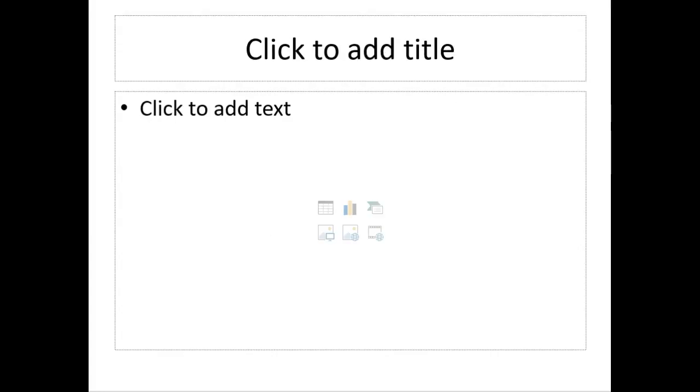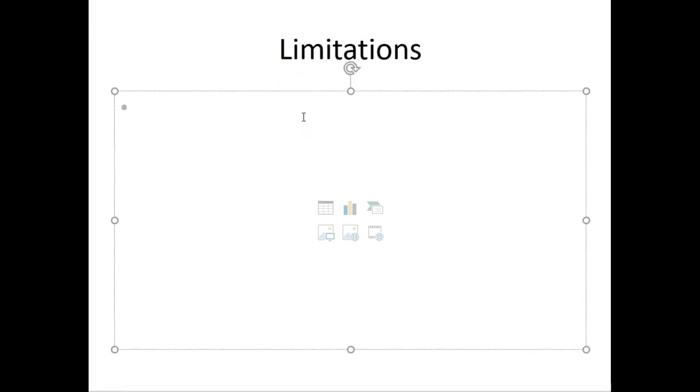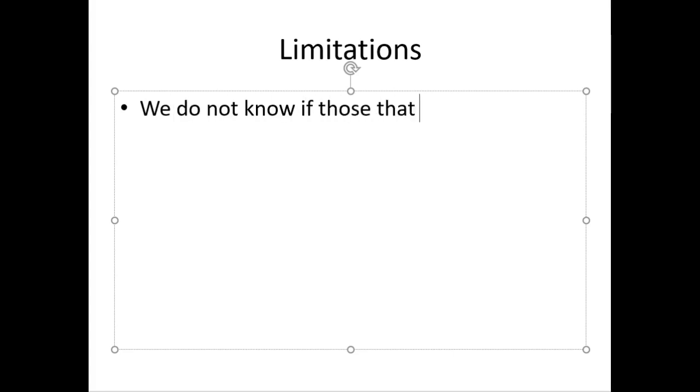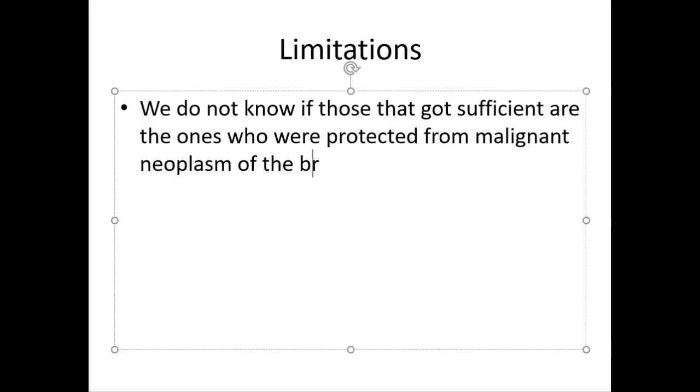And then the next thing that we want to do is talk about our limitations. So our first limitation is about not having information about the individual. So here we would say we do not know if those that got sufficient sleep are the ones who were protected from malignant neoplasm of the breast.